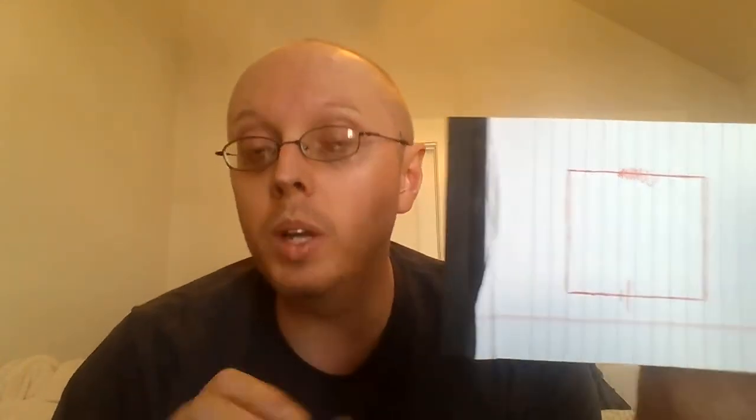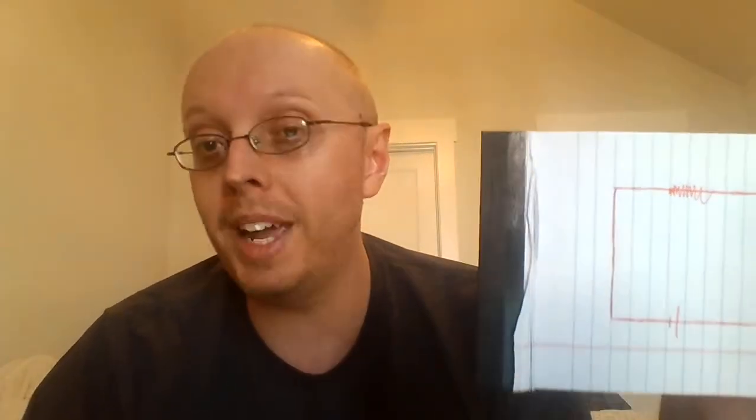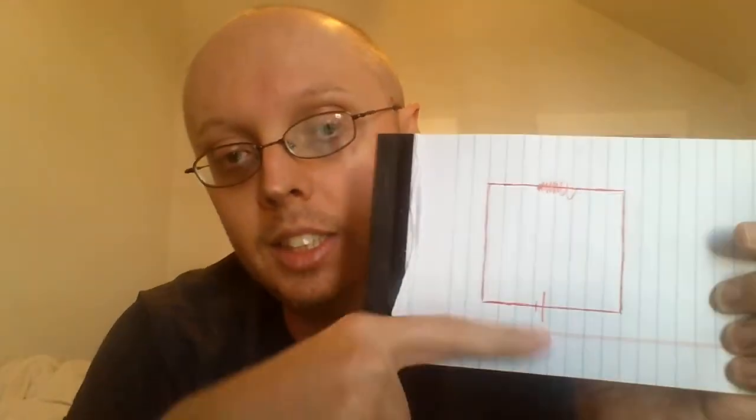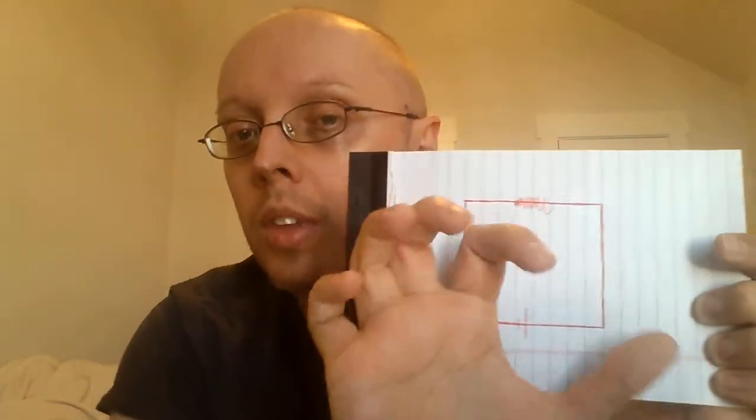And remember, when we're figuring out which direction our magnetic field points for a wire, we stick our thumb in the direction of the current flow, and we curl our fingers around, and that tells us the direction that our magnetic field coils around our wire. And so in this case, since it's flowing this way along the bottom, it's curling around, and in this middle section, which is the section we care about, our magnetic field is coming out of the page.